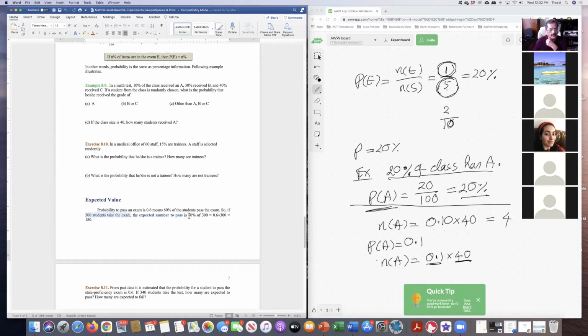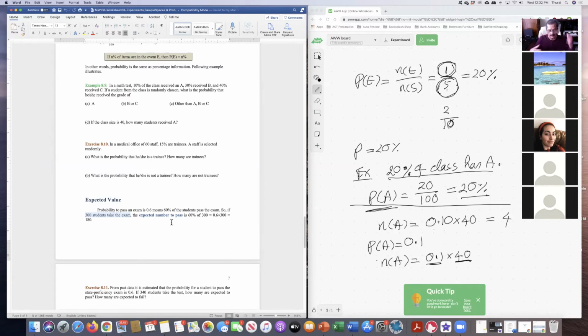That's how many are expected. Now we call this the expected number because this is applicable not only for the past classes, but also for the future classes. Like this, if I say, in my Math 108 class, I have seen 60% of the students pass the exam, pass the course.